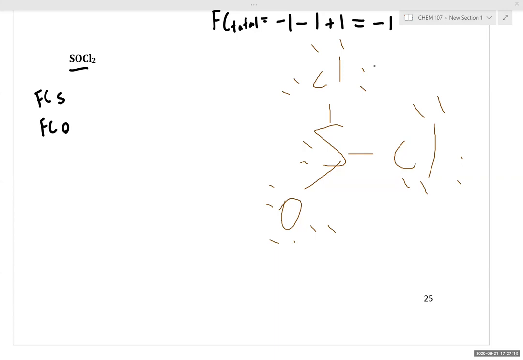So we have some proposed formal charge assignments in the chat. Let's try to get a few more before we discuss in about 1 more minute.